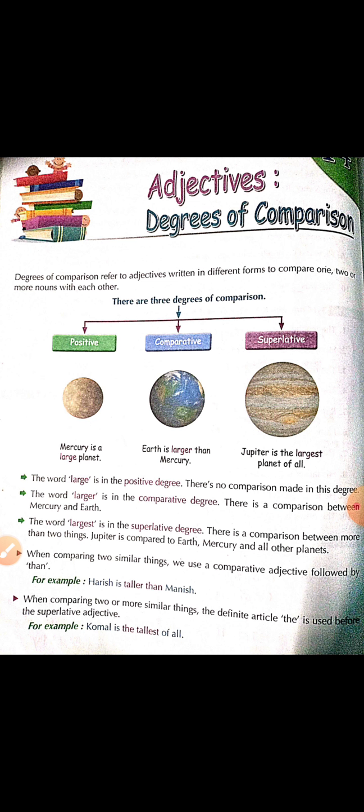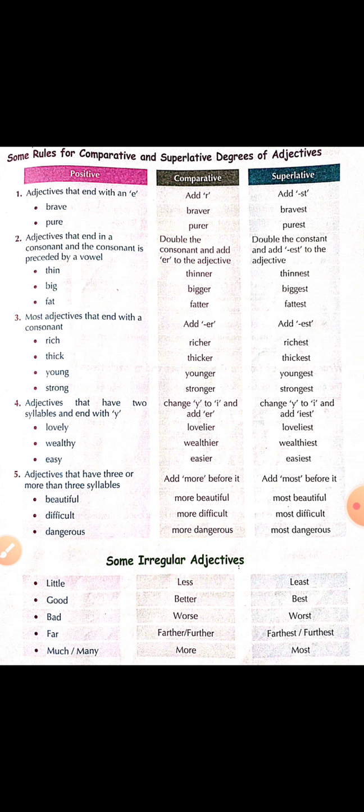Okay, so now I hope you have got a clear idea. Now we are moving on. Let us see some rules for comparatives and superlatives of adjectives, how to change the forms. But you cannot apply one rule to every word. For this you need to learn those words, learn the degrees of comparison.